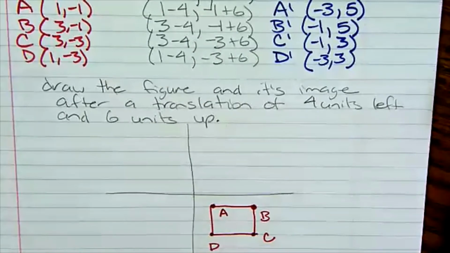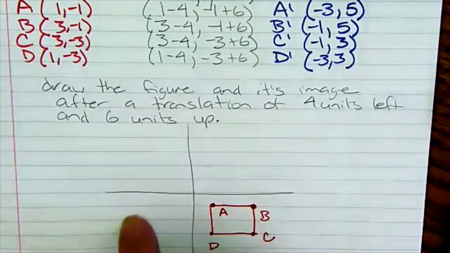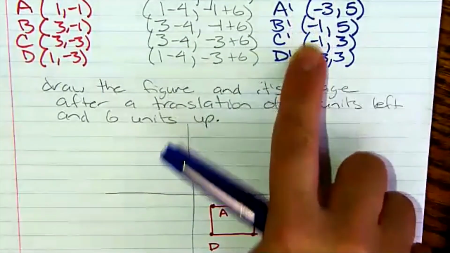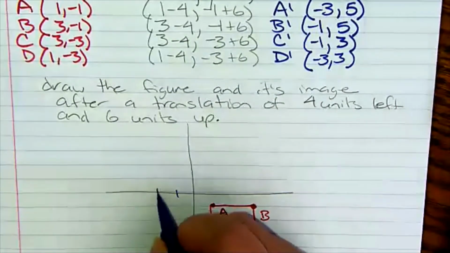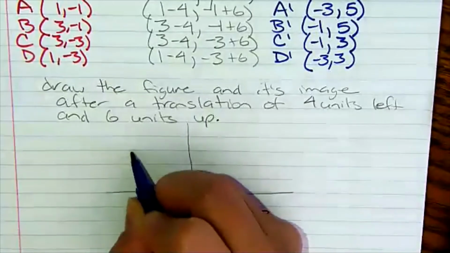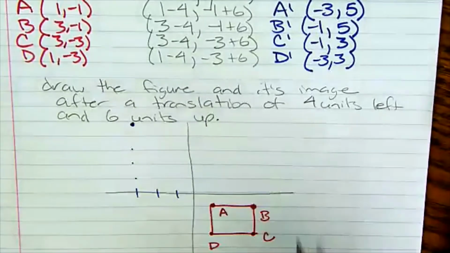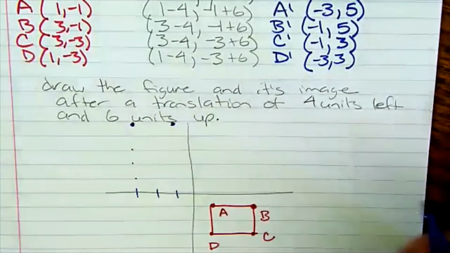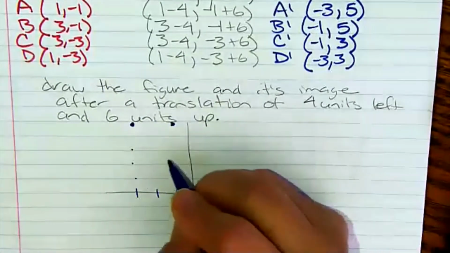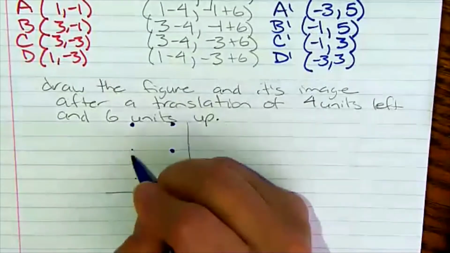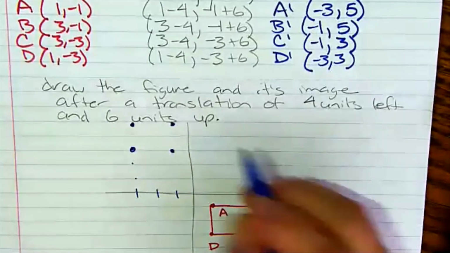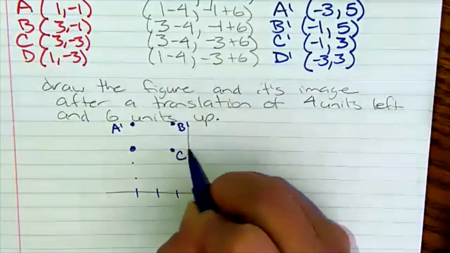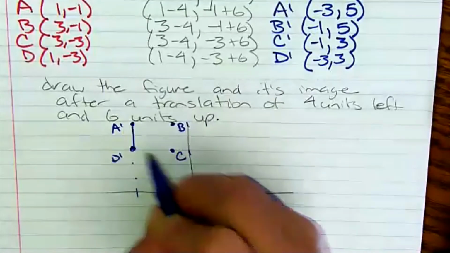And we are translating it 4 units to the left and 6 units up. Well, we've already done that here. -3, 5, -1, 5, -1, 3, -3, 3. So A prime, B prime, C prime, D prime.